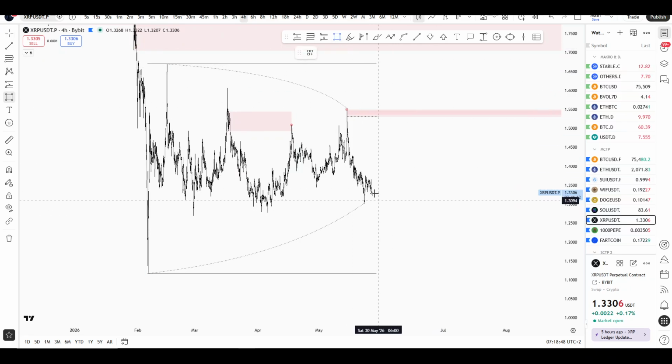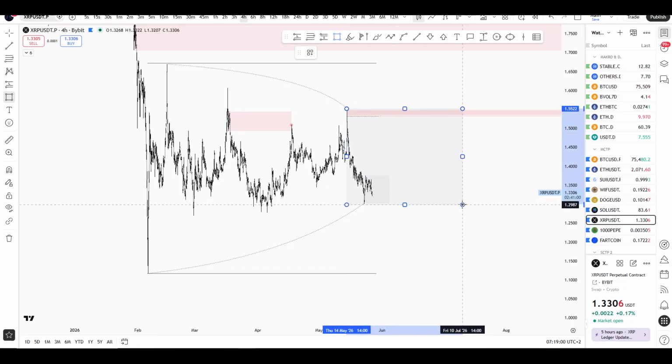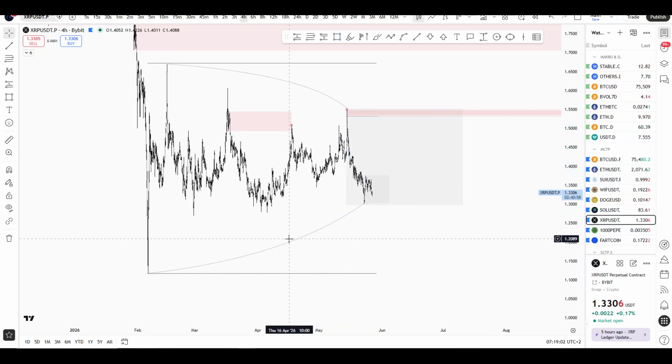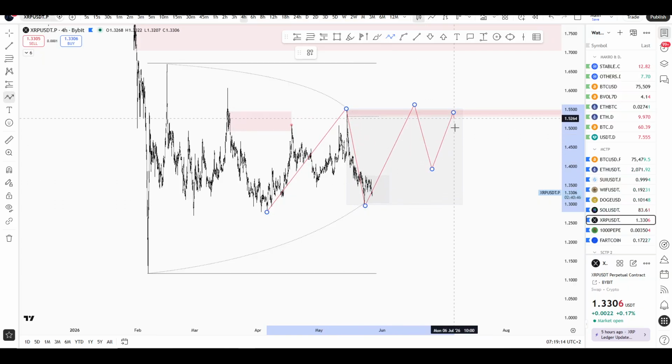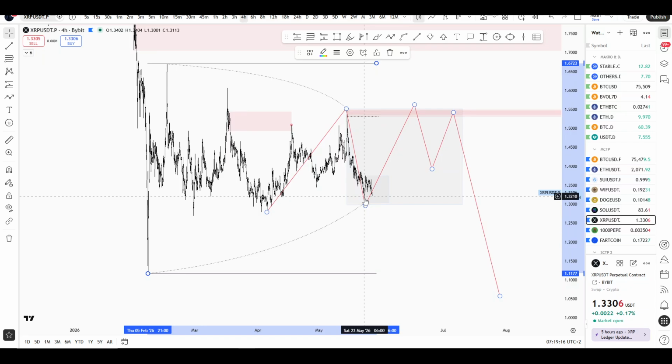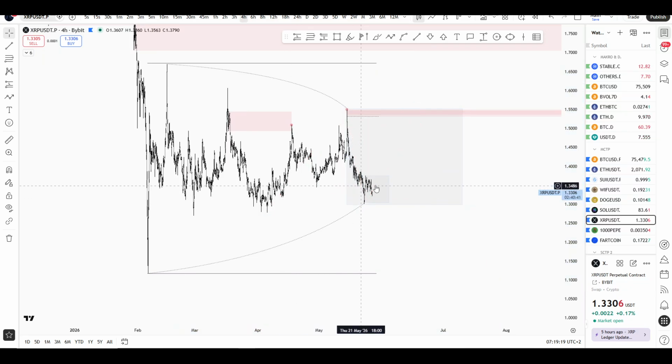So maybe we get a local range that pushes price up higher, and we get a new ranging formation. The market structure pool obviously is an internal market structure, but you can draw something like this, and then it would be a valid market structure pool, for example. But yeah, we have to see.